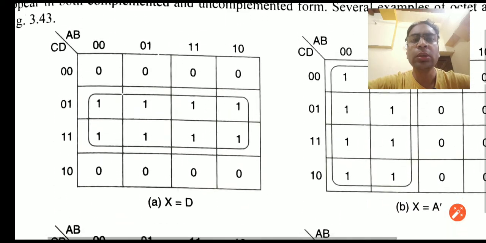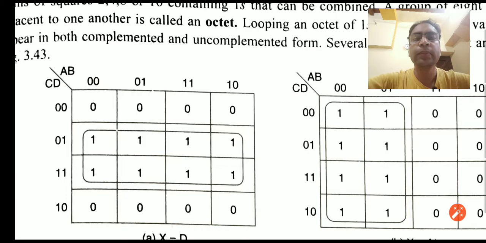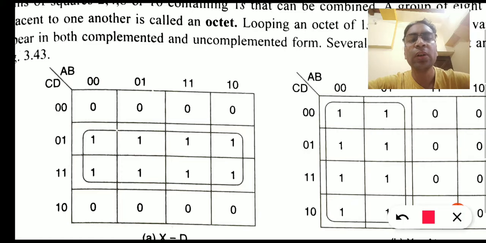If we talk about looping, in this 16 squares K-map, we have the octet, we have the quad. Octet is that which combines 8 ones together. So we can see here this is an example of an octet. So this is one octet with 8 ones, adjacent ones.